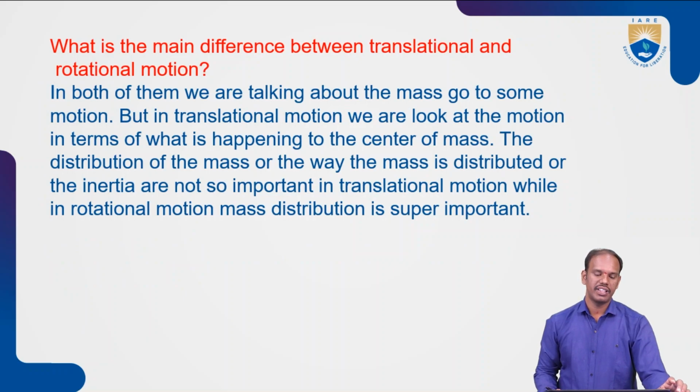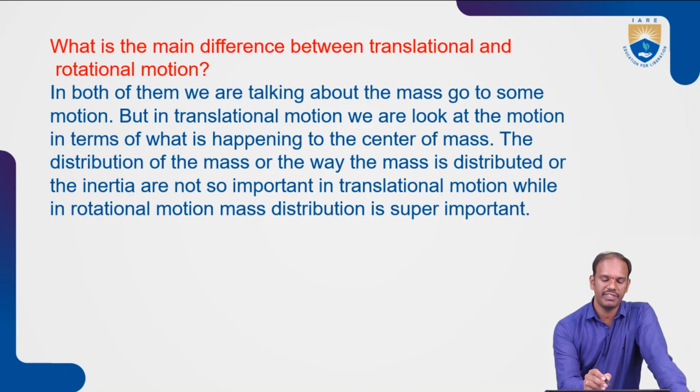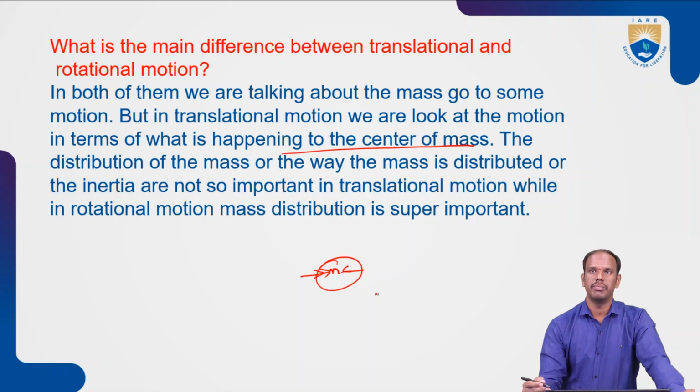Both deal with masses and motions. In translation motion, we look at the motion happening towards the center of the mass. The forces come towards the center of the mass, and how the mass is distributed, or the inertia, is not so important in translation motion, while in rotational motion the mass distribution is super important.